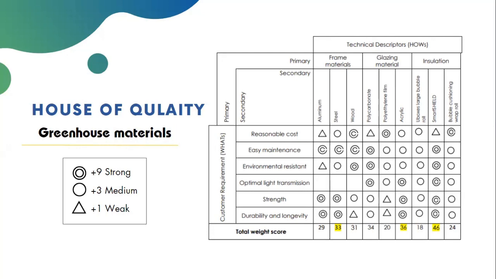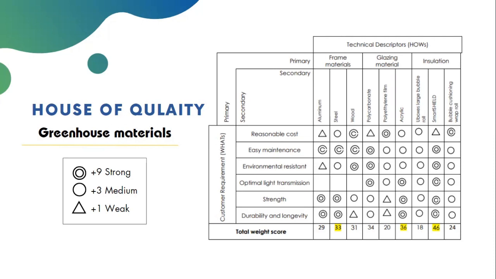We also focus on the technical description. If we look at the frame material, there are three main choices, but after we score all three, we found that steel has the highest score for the customer to choose. So we decided to choose steel for the frame material.